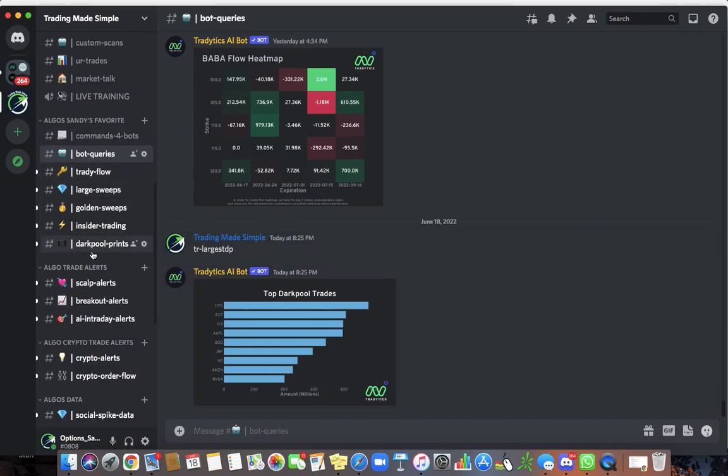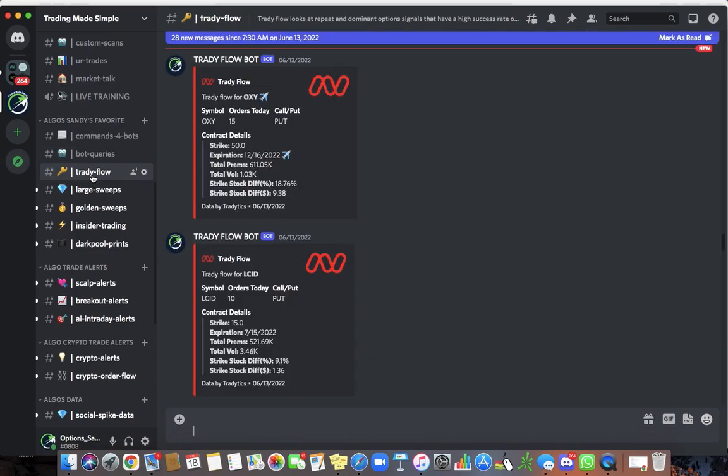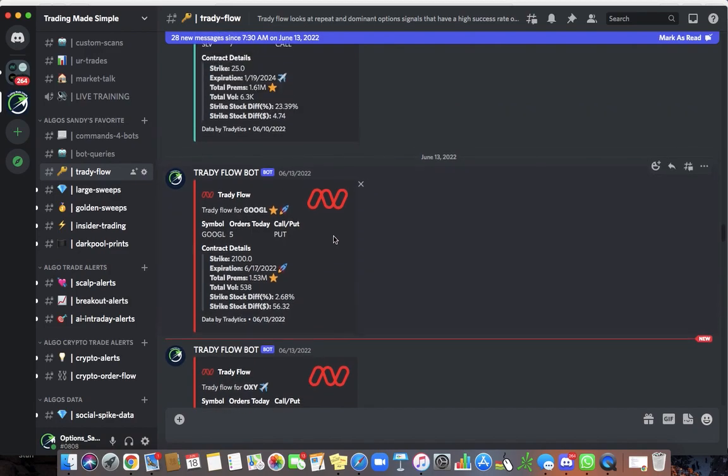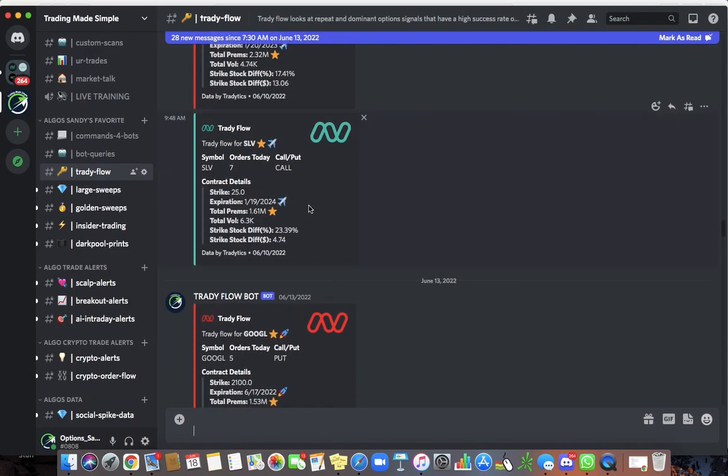Now, as you know, you have all these other ones, right? You got TradyFlow. You can always look right up here and it'll tell you. It says repeated and dominant option signals. And you can see how a lot of them are red here. Here's a green one, which is on silver, 7 orders, calls coming in. 25 is the strike, expiration January of 2024, and $1.61 million coming in for that.